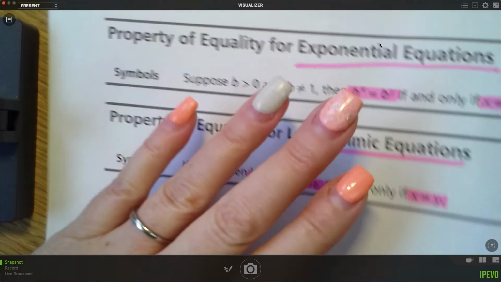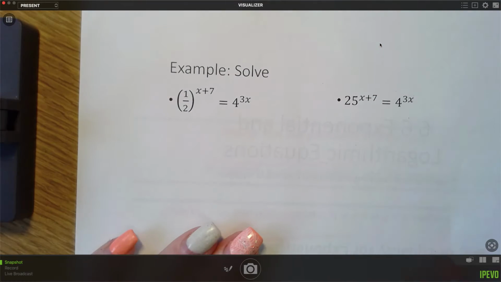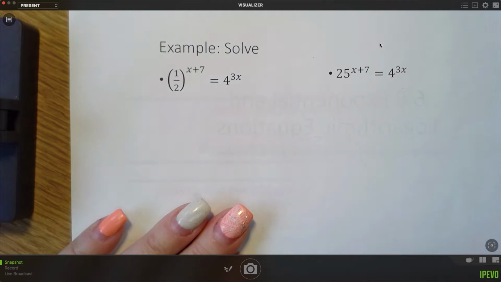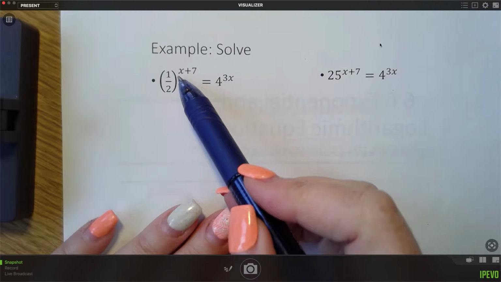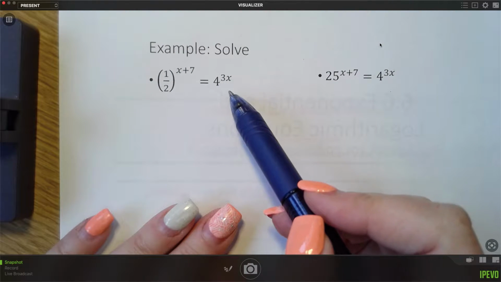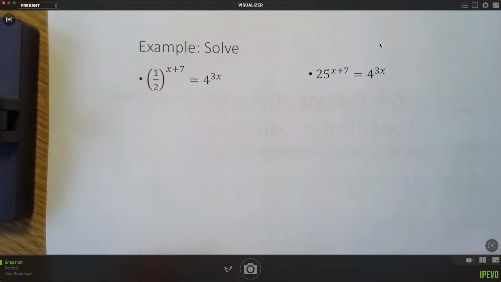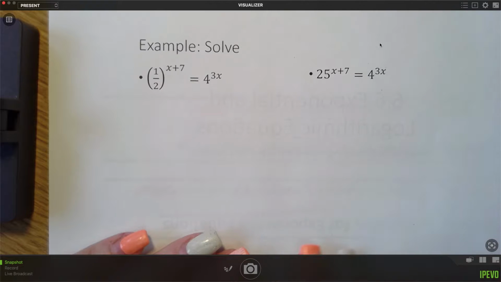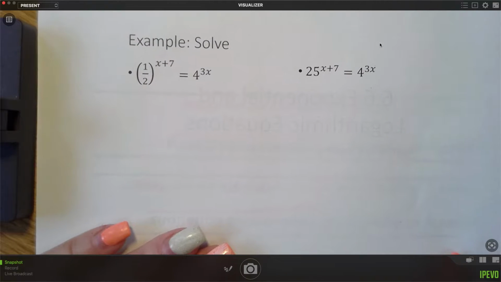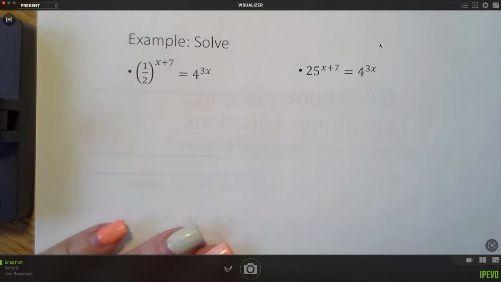So just to review the first couple, I have (1/2) to the x plus 7 equals 4 to the 3x. So I need to get the same bases, right? What's the same base we're going to use? 1/2 and 4. What can we get them both to? 2.